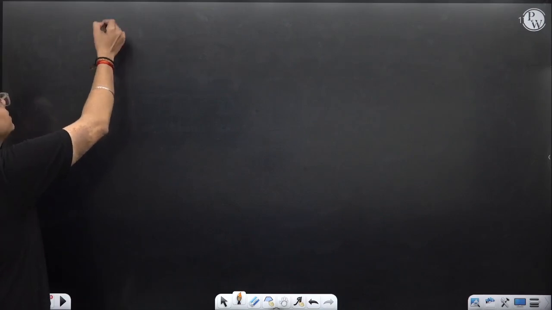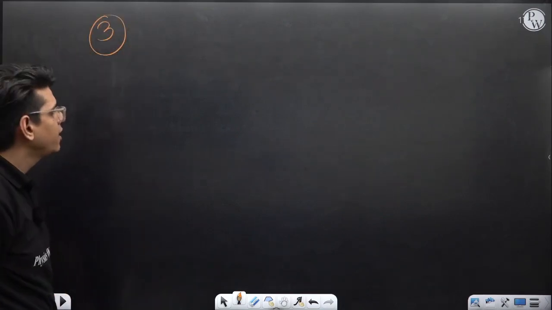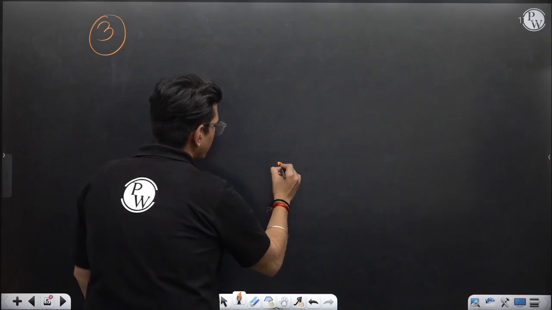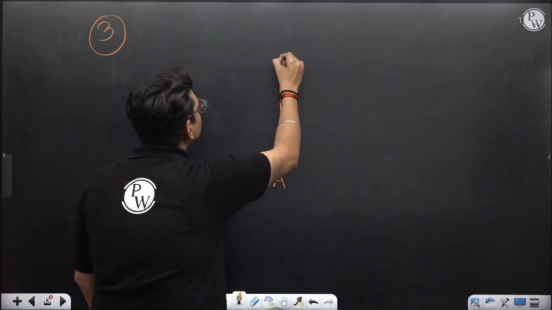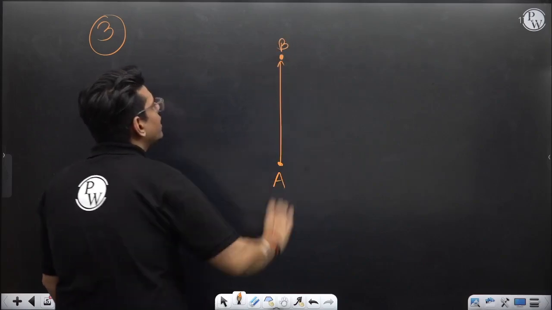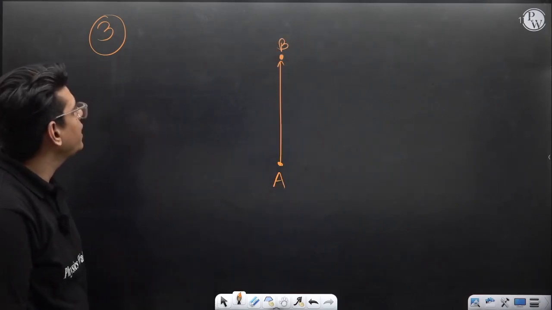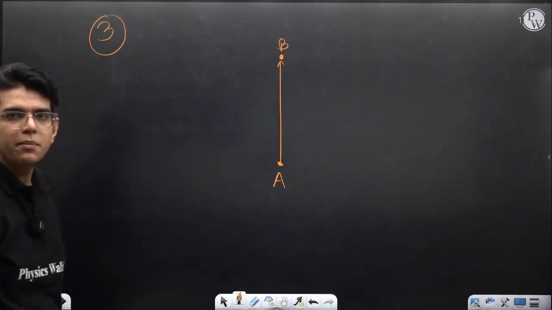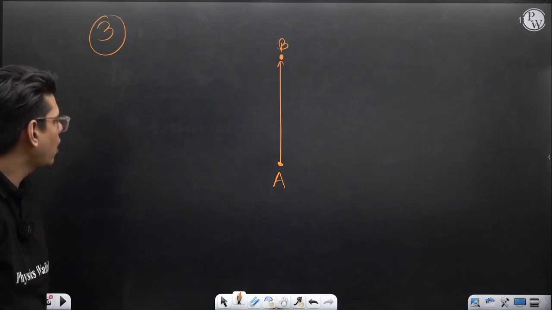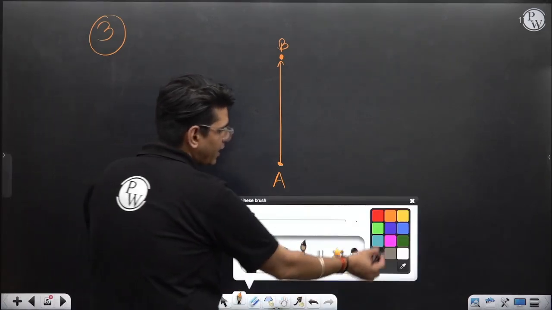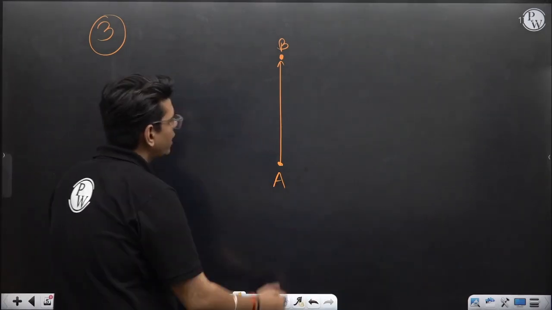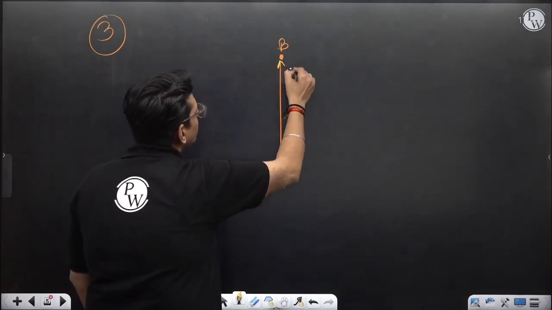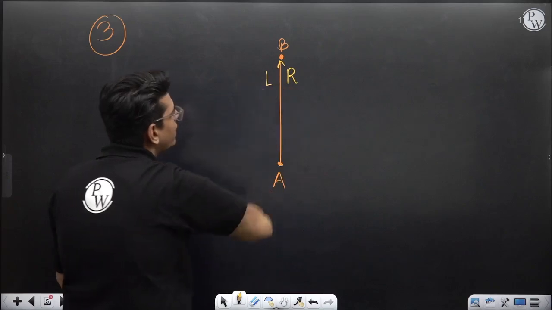After this, the third thing is rotation, right? Whenever we move from point A to point B, sometimes in the question it will be given as after B a person takes a right turn, and sometimes it will be given as a left turn. So how do we know what is the right direction and left direction? Whenever you are going from this to this, right will always be here, left will be here.